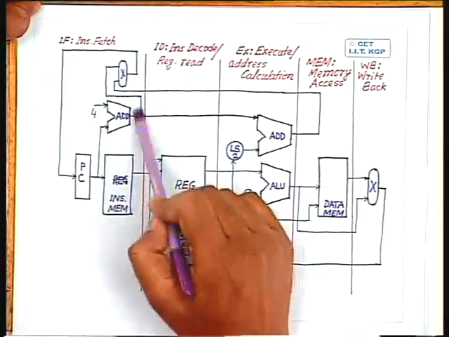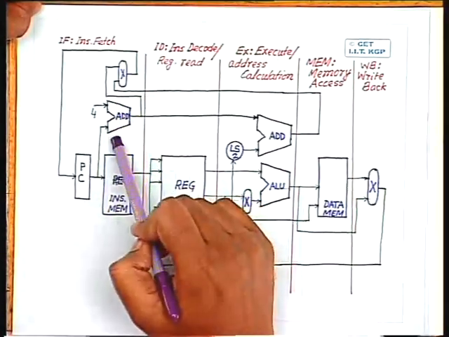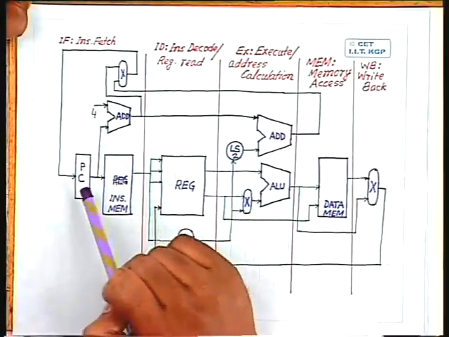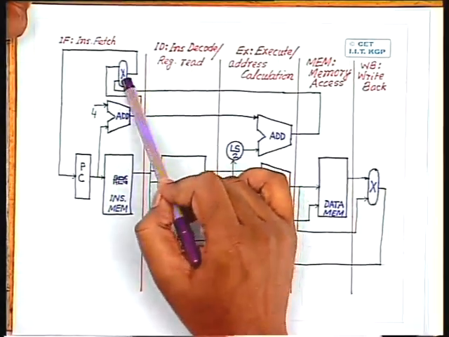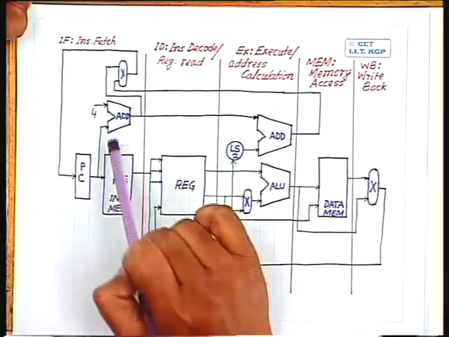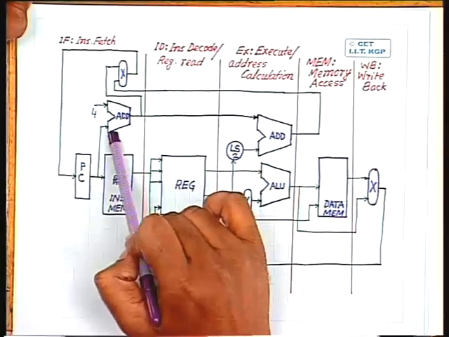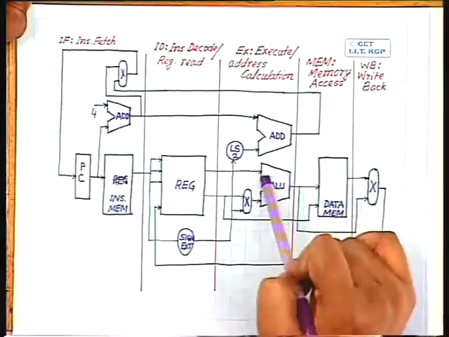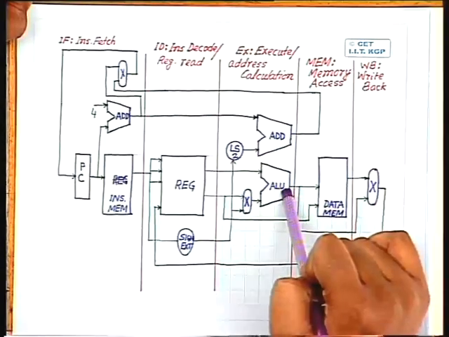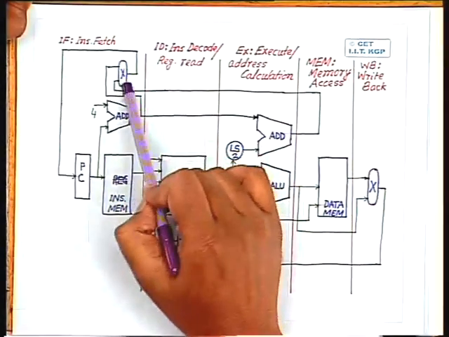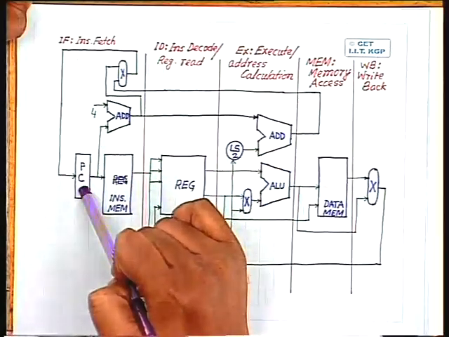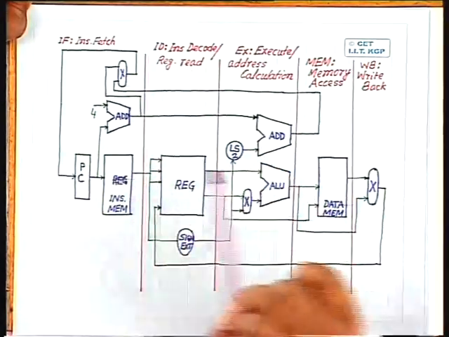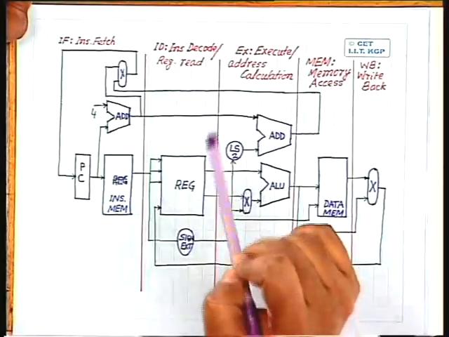Then we have this adder, which increments the program counter after an instruction is fetched. Then we have this multiplexer or selector, which selects one among this incremented program counter or the branch address which has to be generated during the execution phase. So one of these will be selected by this multiplexer, and the next program counter value will be loaded into the program counter, from where the next instruction will be fetched.